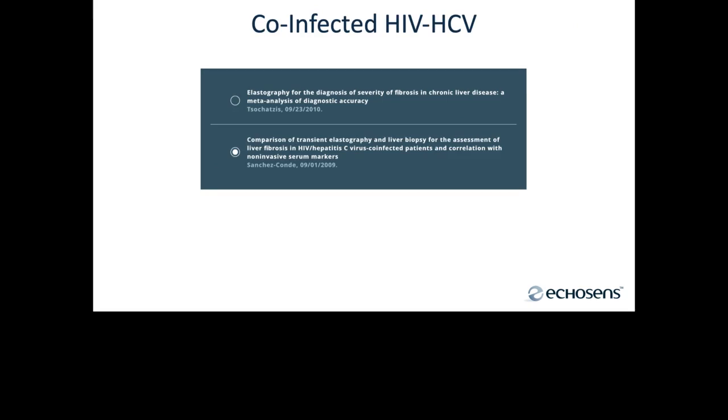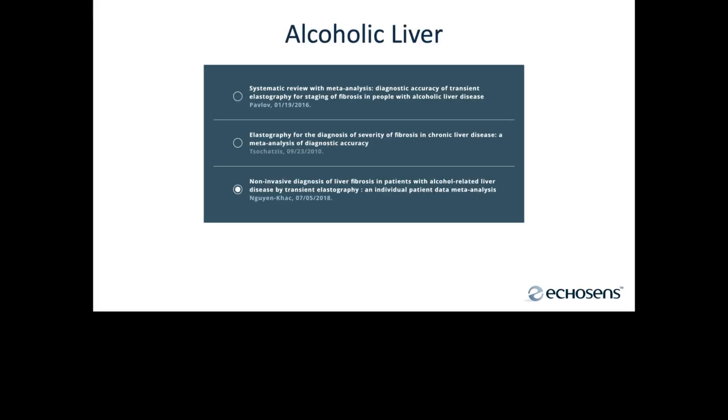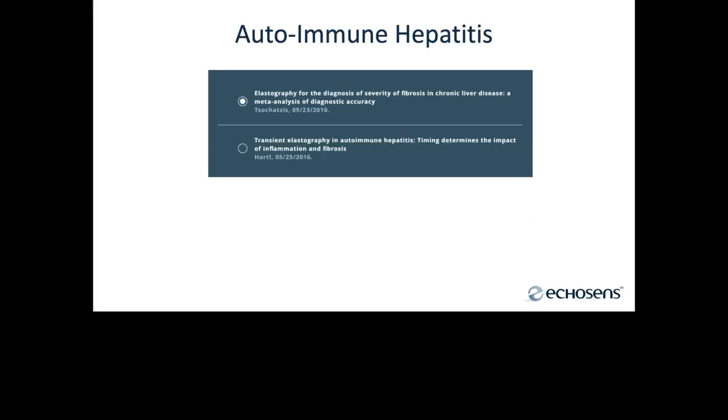If we look at co-infected HIV, HCV, you can see we have a choice of 2 threshold value publications. Hepatitis B, there's a choice of 3. Alcoholic liver, a choice of 3. PBC, a choice of 2. And finally, autoimmune hepatitis, a choice of 2.